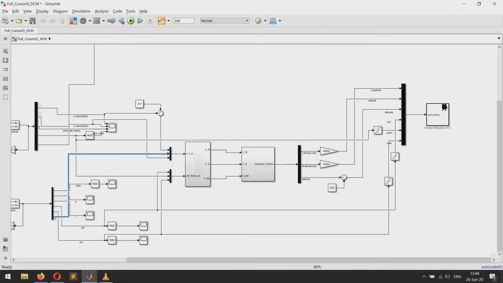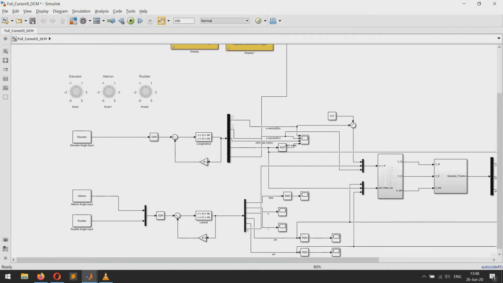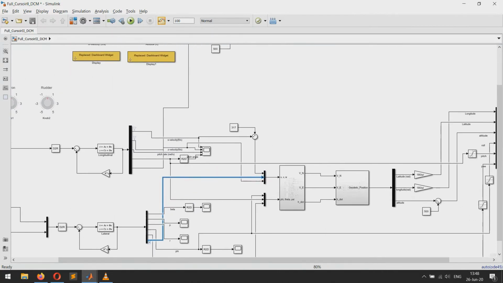In this weekly report, we completed our Simulink block diagram, and let me show you what we did extra from the previous week.